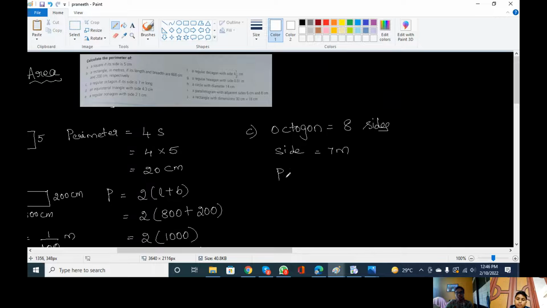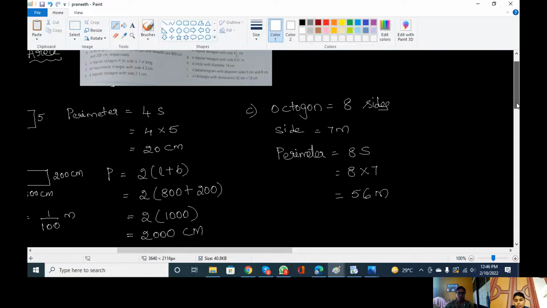So the perimeter of an octagon is 8s. 8 sides, so 8s. Sum of all the sides. So 8 times 7. So it is 56 meters.